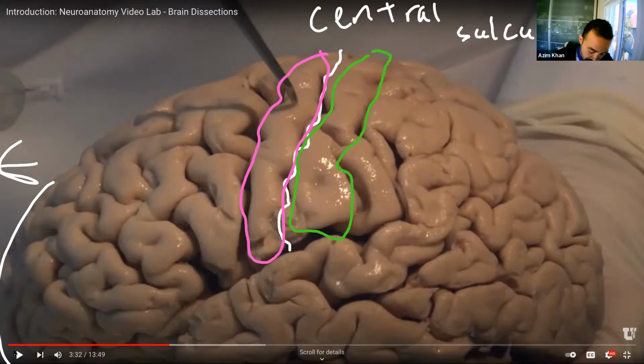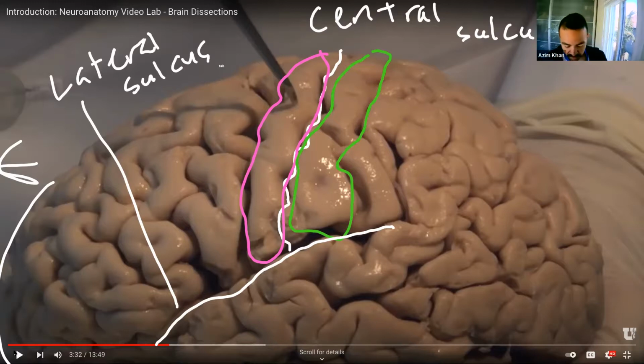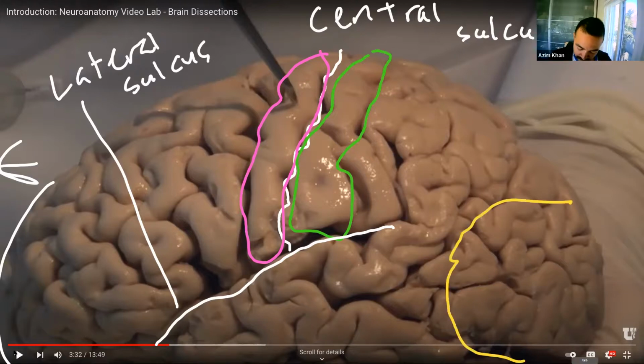Down here, that's the lateral sulcus. Whoops, I'll do it again. This is the lateral sulcus. There is a sulcus division between the parietal and occipital lobe, but very generally, occipital lobe is just way in the back here.